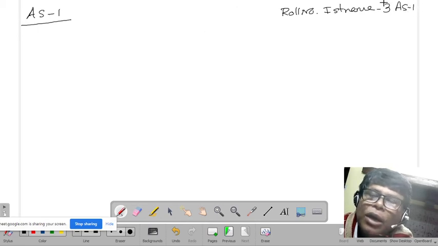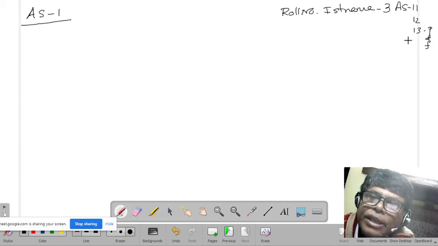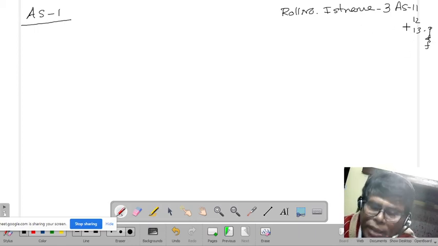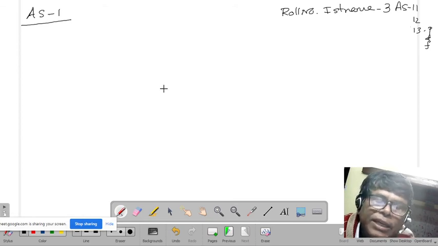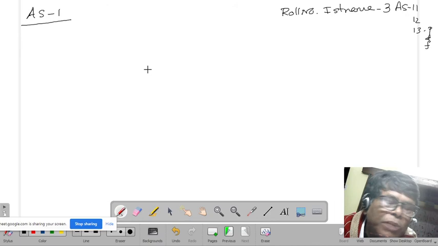Say assignment 1 first page is 1-1, second page 1-2, third page 1-3, or you can convert it and save it as a PDF, and then send it to my WhatsApp number. The assignment must be sent within the due dates. Due dates will be like 3 days or 7 days, as per the number of assignments.